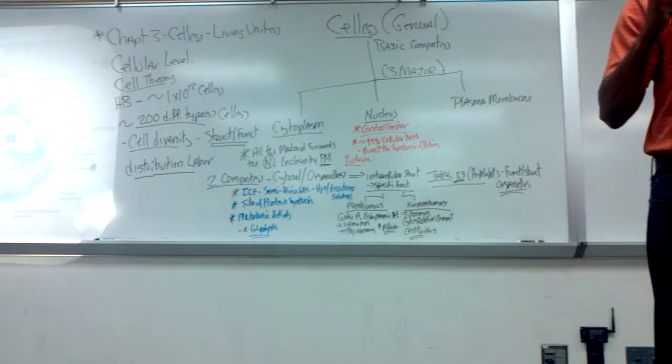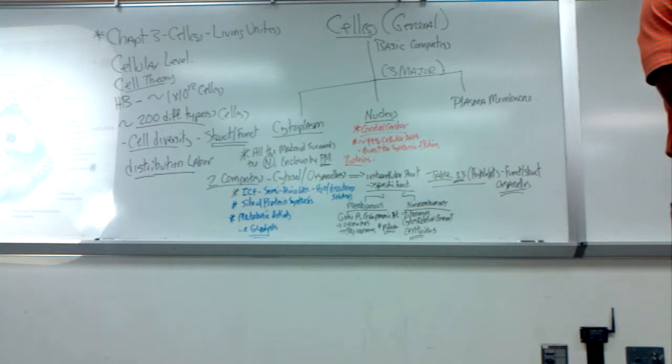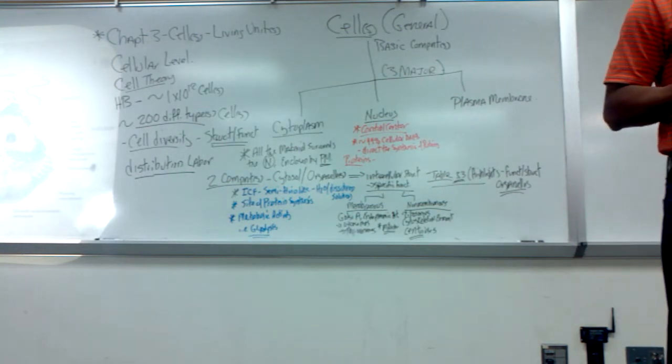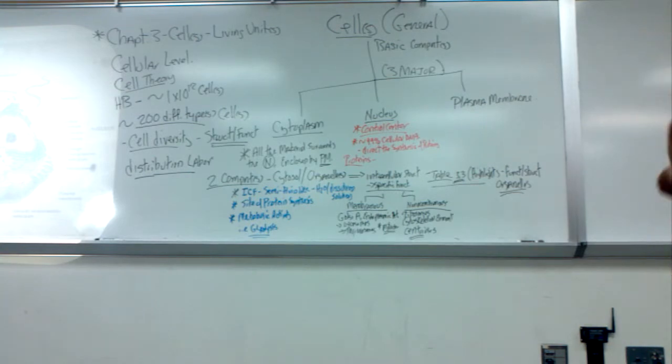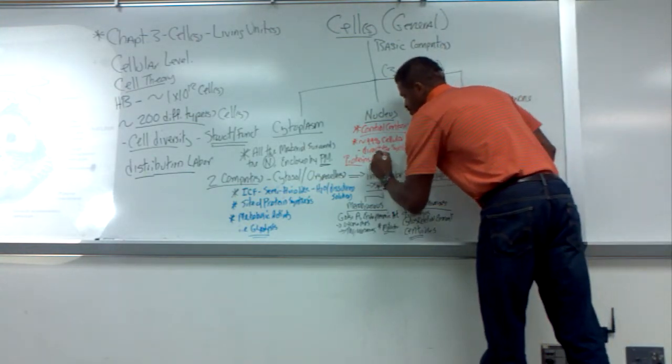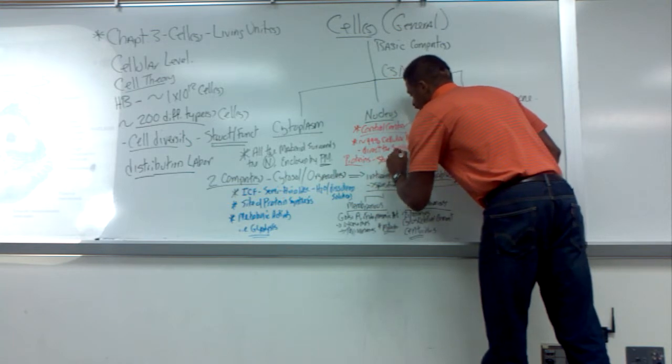So the nucleus is the control center of the cell because it directs the synthesis of the proteins that the cell will make, and by directing the synthesis of the proteins, we determine the structure and the function of the cell.